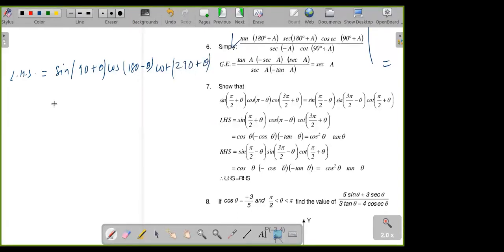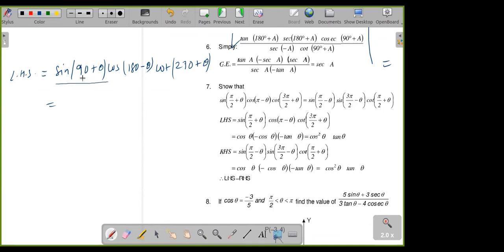Is it correct? Yes. So I just replaced pi with 180. Then sine of 90 plus theta.